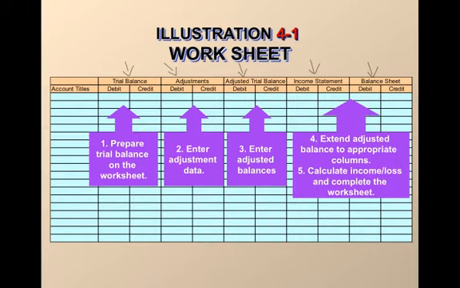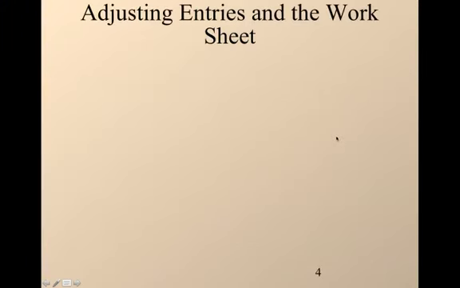And then extend the adjusted balances, the balances that you get in this column, to the appropriate columns. And then 5, calculate income and loss. Write the word net income over here and complete the worksheet. Remember, that net income is also called a balancing figure. You'll remember that from grade 11. I'm going to write that down. Remember that? Anyways, we'll go through it right now.